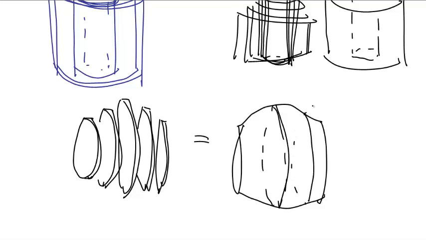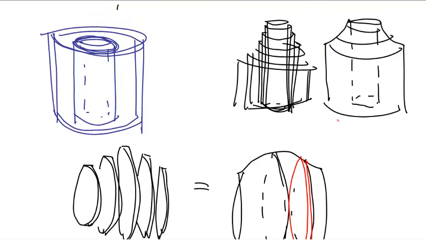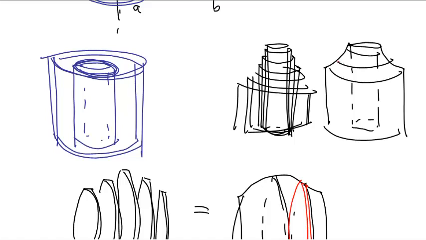Which would be a solid of rotation sliced into discs, where each particular slice was like a disc. Now we're chopping things into cylinders, where each particular slice is a cylinder. Hopefully you can see that.